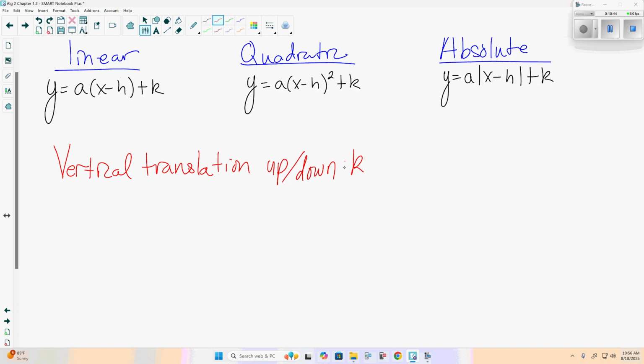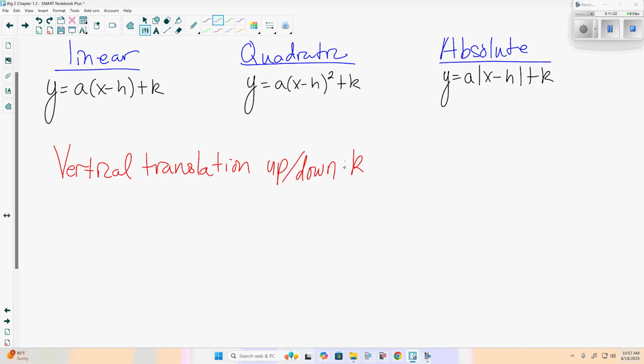And that applies to all three. So our vertical translation up or down is going to be k. So whatever value goes in that place of k, and if you notice k is being added outside the parentheses, outside the absolute value, is going to tell us how far the function is moving up or down.